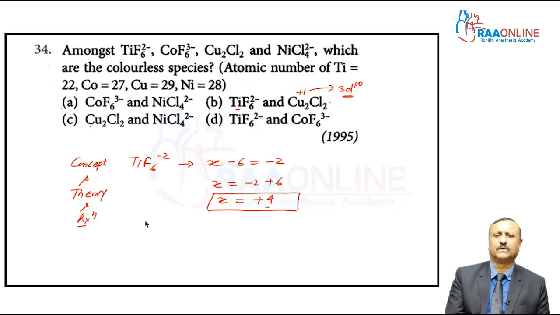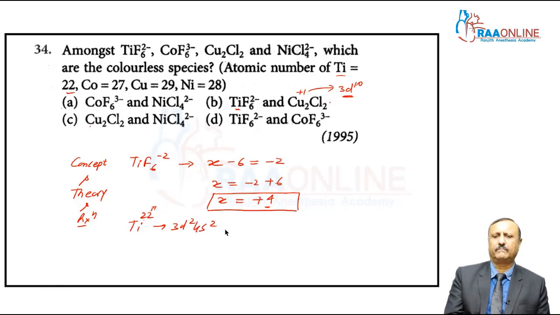When x is equal to plus 4, the atomic number of titanium is 22, as given in the question. 22 means 3d2 in the d orbitals and 4s2 in the s orbital.